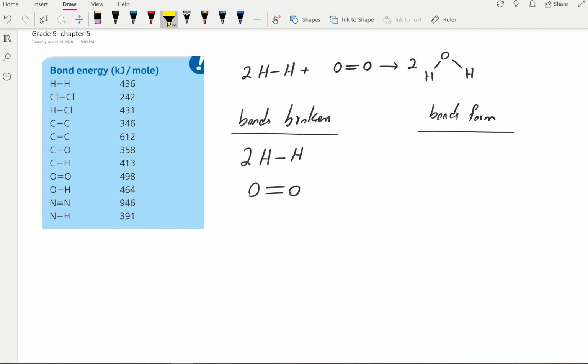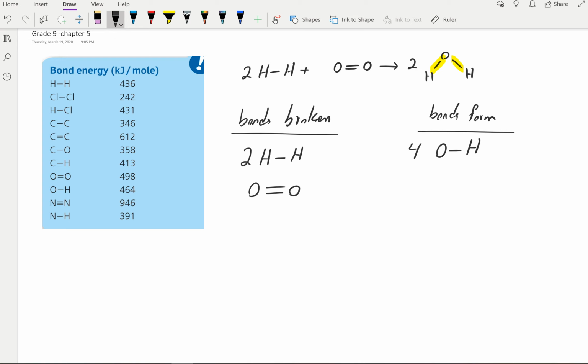Here I have two water molecules. Each water molecule has two oxygen-hydrogen bonds. So when I have two water molecules, there are four bonds between the oxygen and hydrogen which must form on the product side.